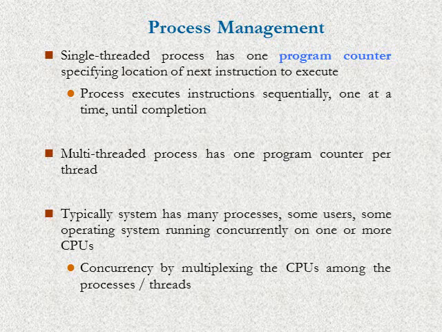So now probably you have a fair enough idea what we mean by a process, and it only means that it has a set of instructions and they are executed just one after the other in a sequential manner.